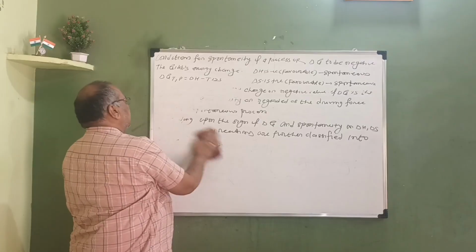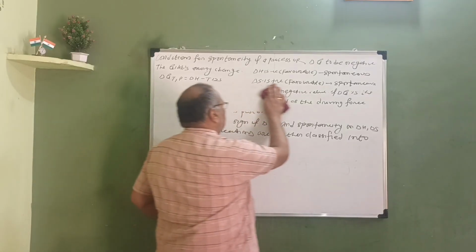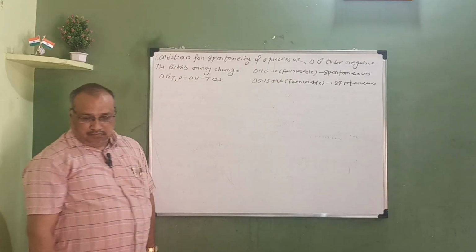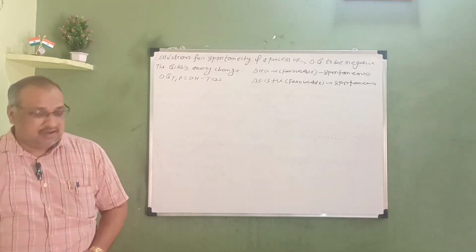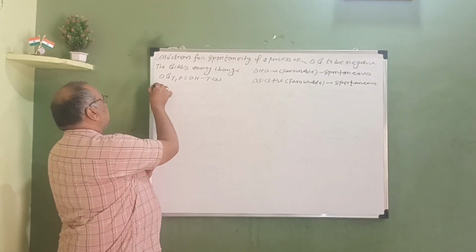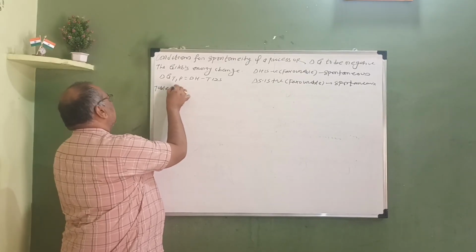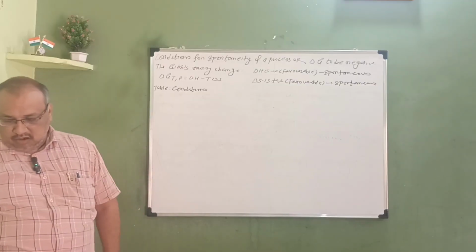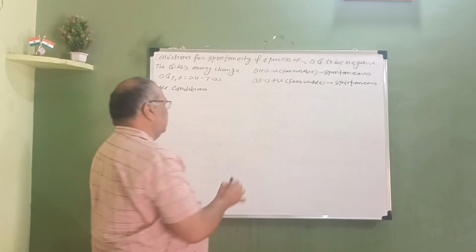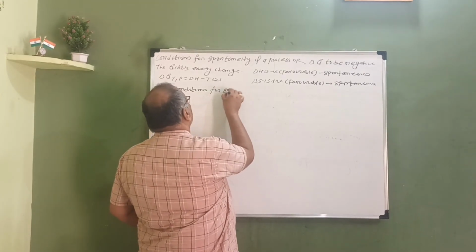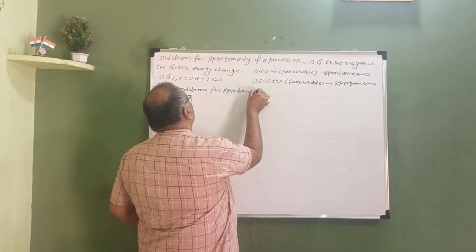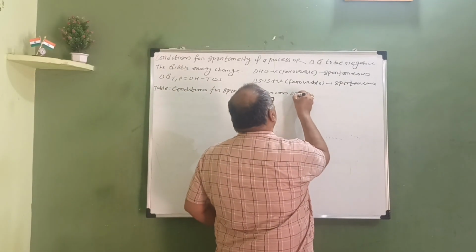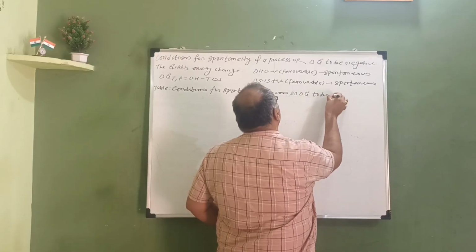Now here, draw the table. Conditions for spontaneous process, or delta G to be negative.